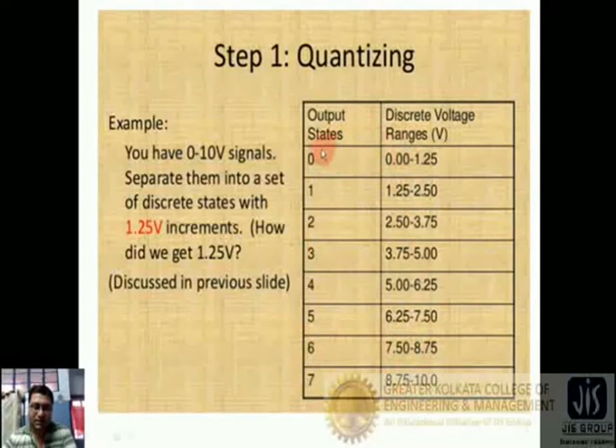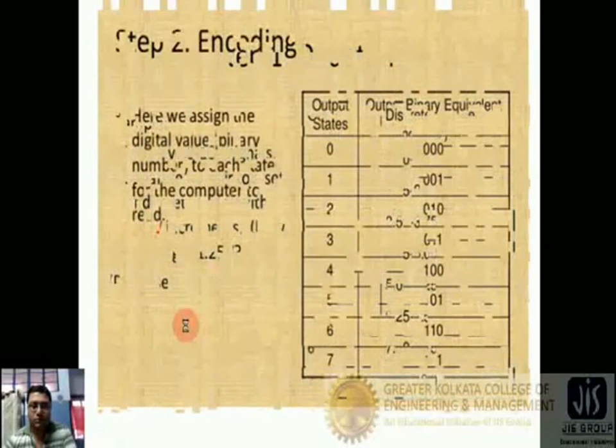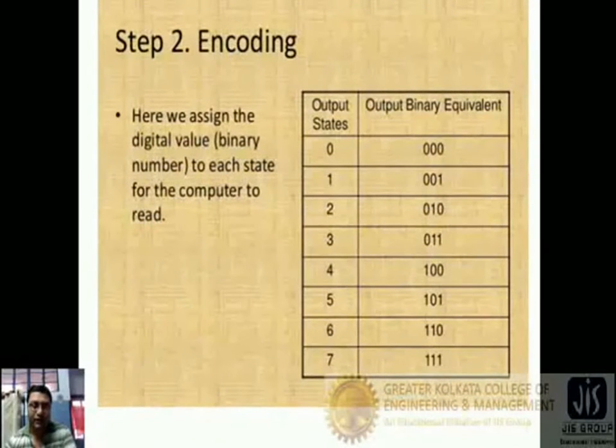After the quantization, encoding is there. In encoding, we assign a digital value or binary number to each state for the computer to read. For state 0 it is 000.